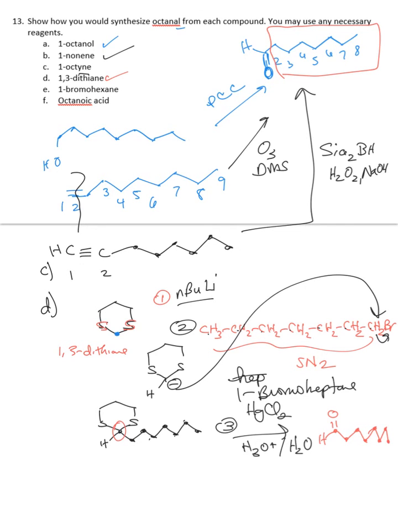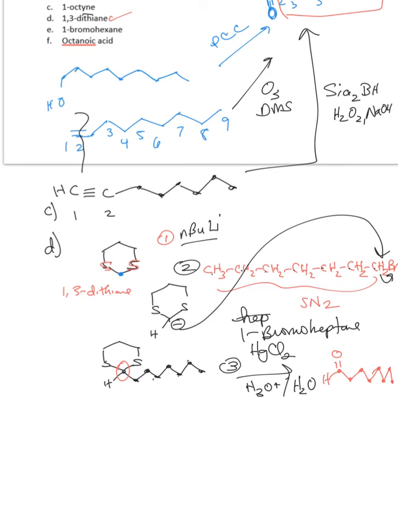Okay, the next one, 1-bromohexane. So let's draw 1-bromohexane. Well, you know what? That's what we did here, right? So, interesting. Let's see if we can overlap anything here. Actually, this is what you want to do here.